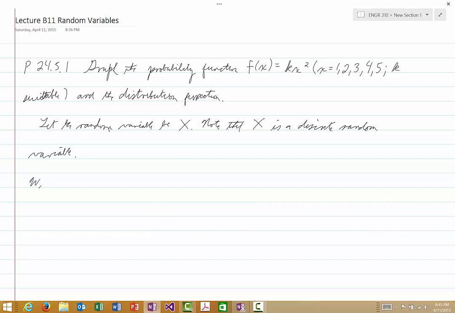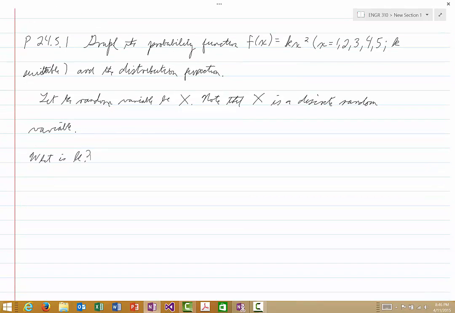What is k? Well, let's note the following. Again now, the only values that little x can have are 1, 2, 3, 4, and 5. And so let's just calculate what value f will have for each one of those values of x.